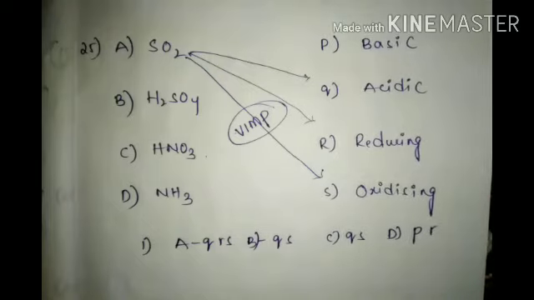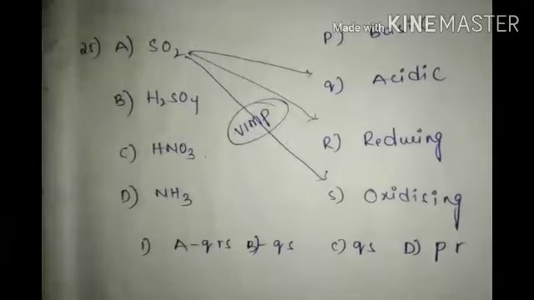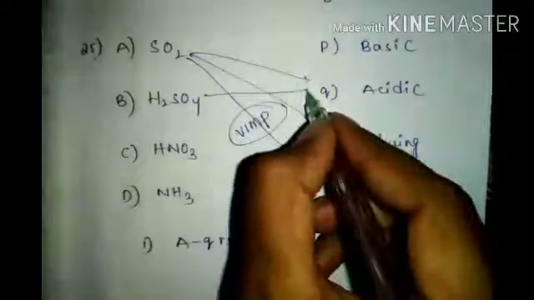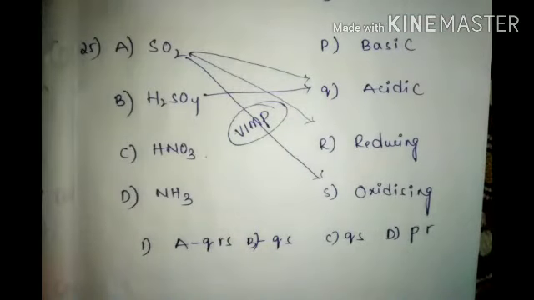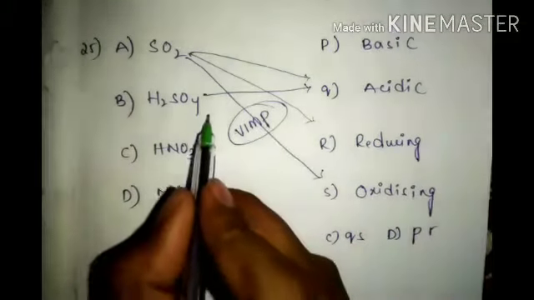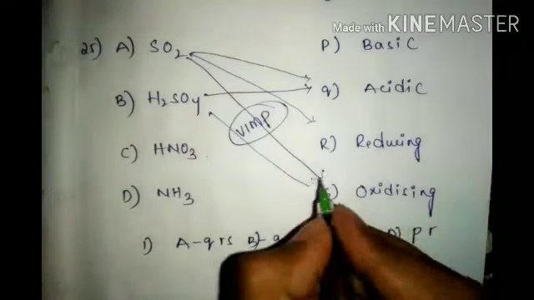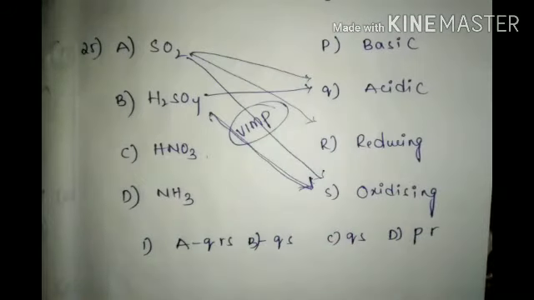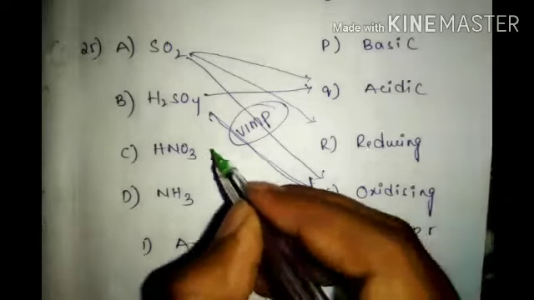Okay. Next, second, option B. H2SO4 is acidic in nature, that everybody knows. Acidic, and as well as an oxidizing agent. It produces oxygen. Next, HNO3, acidic. That also we know.